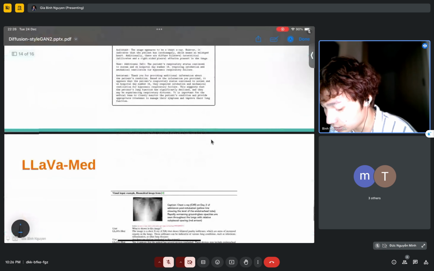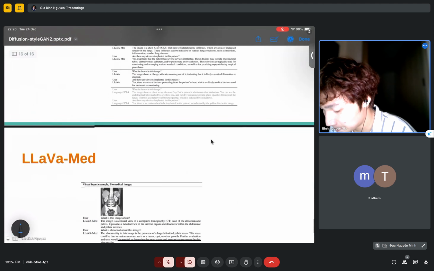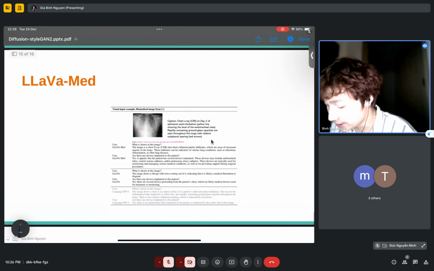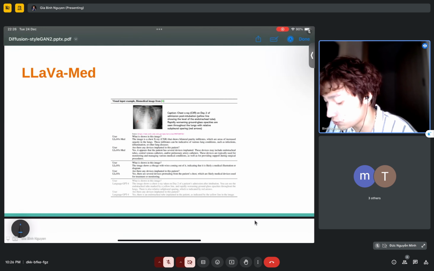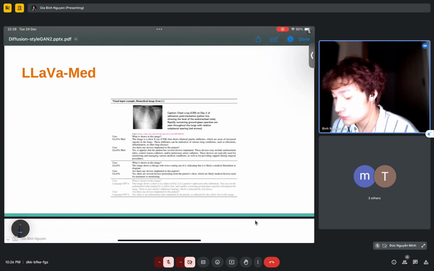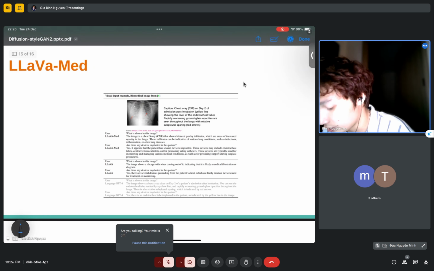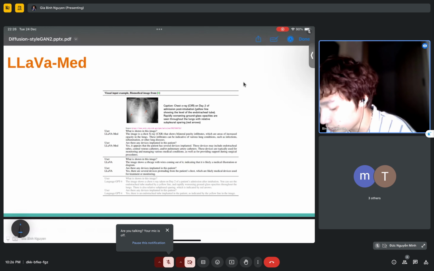Finally, here is an example of LLaVA-Med after training on the multi-turn conversation datasets generated by GPT-4, and here's the output.